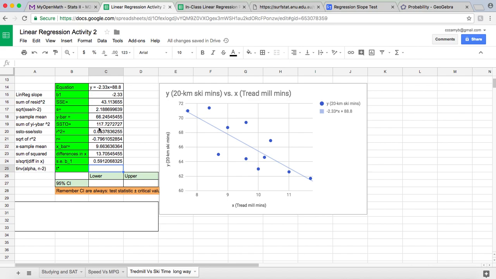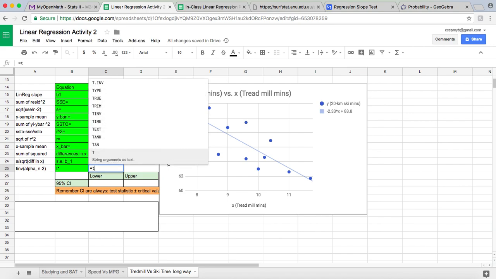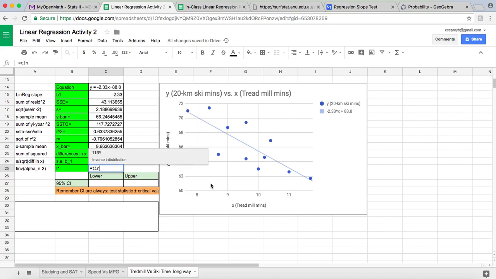In this case, because we're using a linear equation, we have two variables, so it's n minus 2. So we're going to say equals T inverse of our alpha, 0.05. Make sure you're always doing it as a decimal, comma, our degrees of freedom we already talked about is 9. And then we're going to hit enter. So this is our critical value.